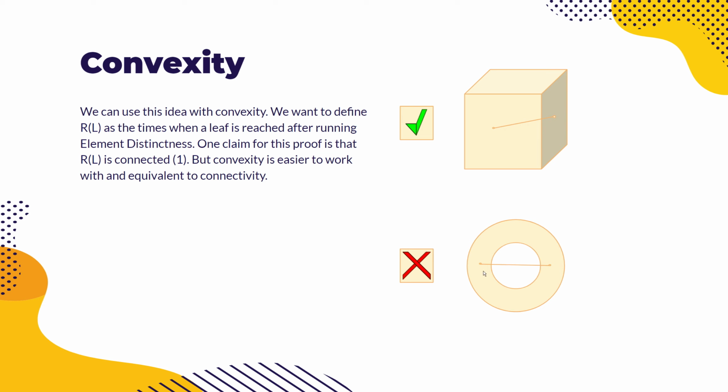However, on this donut, you can see the 2 points, and the straight line goes right out of the donut, which means this is not convex. And actually, for the first claim of this proof, we really want to prove that R of L is connected. But convexity is equivalent to connectivity, and it's actually easier to work with, so we'll be using convexity.